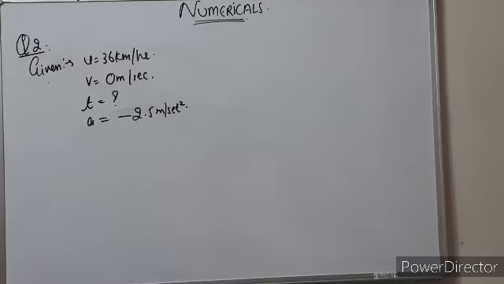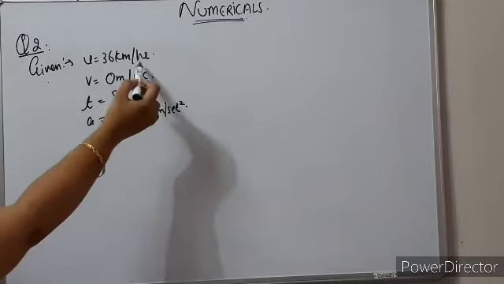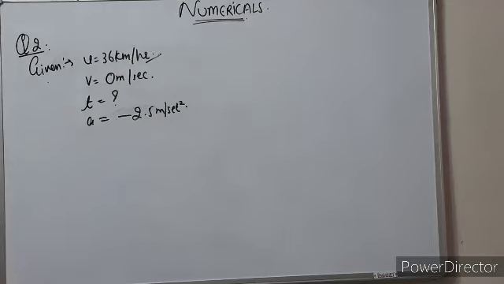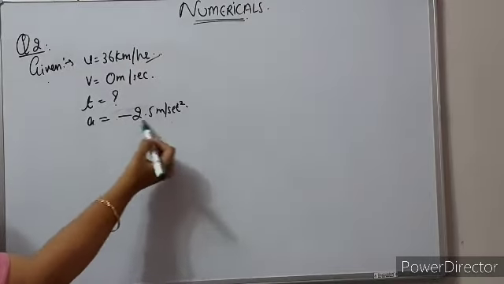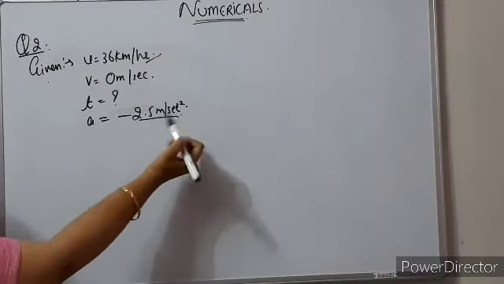Here the car is traveling with a velocity of 36 km per hour. So this is the initial velocity. So we have written u is equal to 36 km per hour. And if the brakes are applied, means you are going to apply brakes, so as to produce a retardation of 2.5 meter per second square.